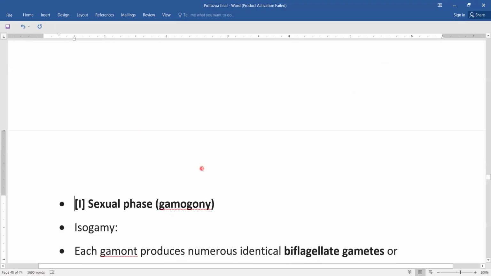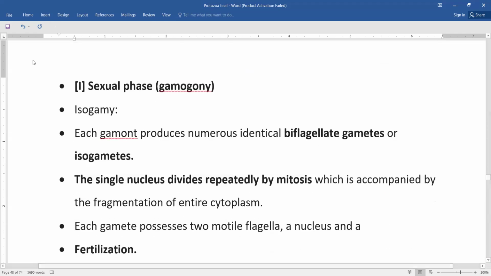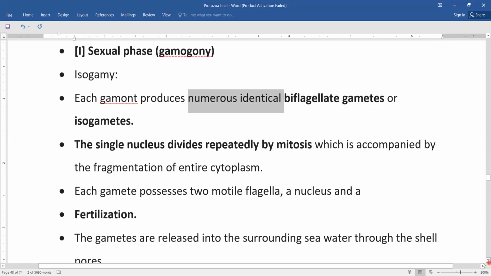Gamogamy. First of all, the isogametes are produced. Each megalospheric form produces numerous identical biflagellated gametes, or isogametes. Remember, every megalospheric form produces many identical gametes, not one. We have seen these in the diagram.